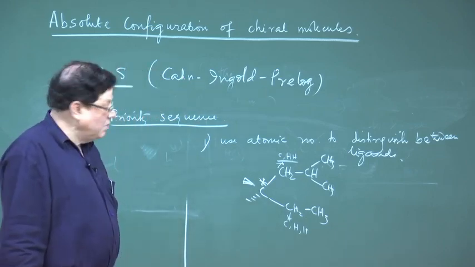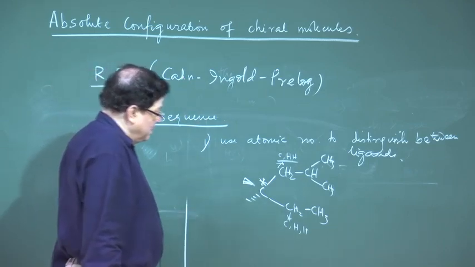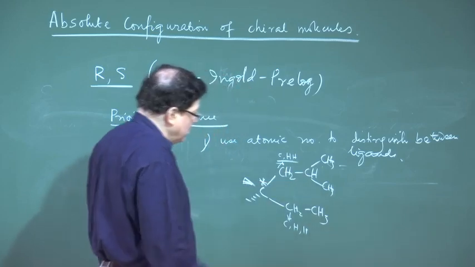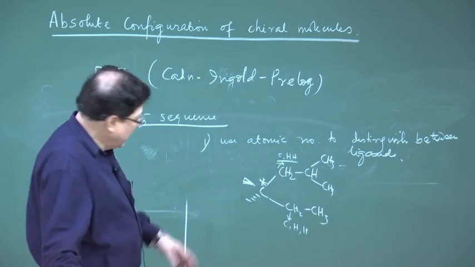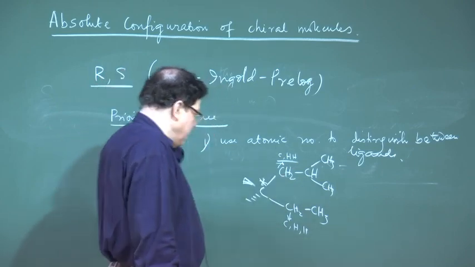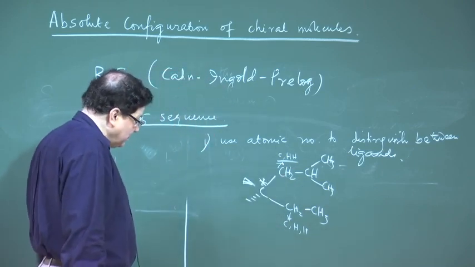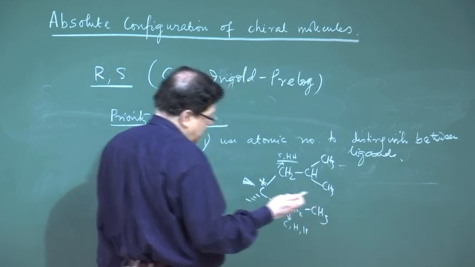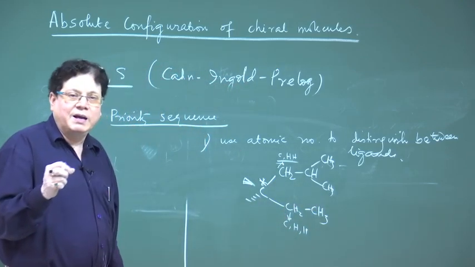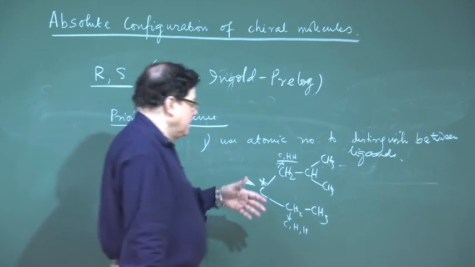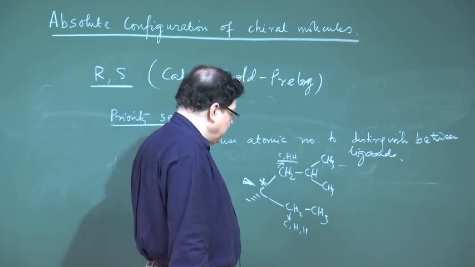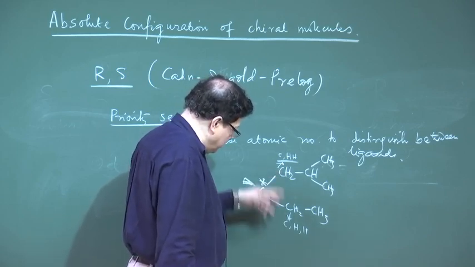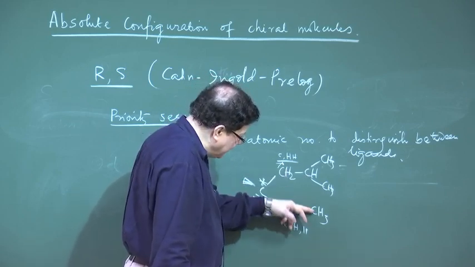So, now Cahn-Ingold-Prelog says that you continue proceeding outwards along the chain, away from the stereogenic center, and see where the difference is. Once you find a difference, you stop there and then assign the priority. So, the first carbon showed no difference. What about the second carbon?